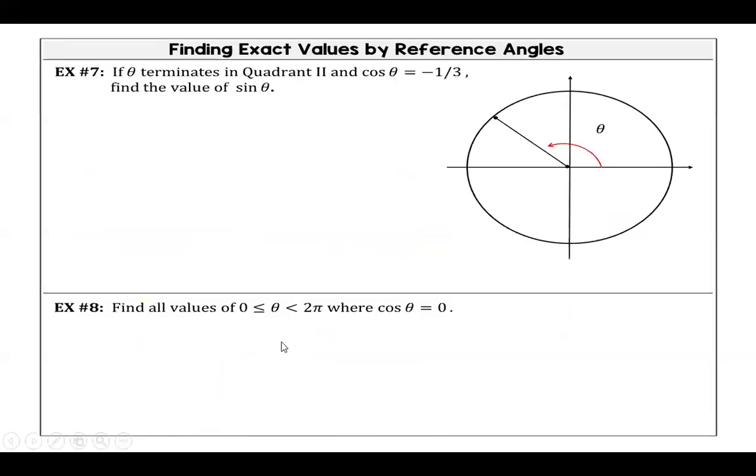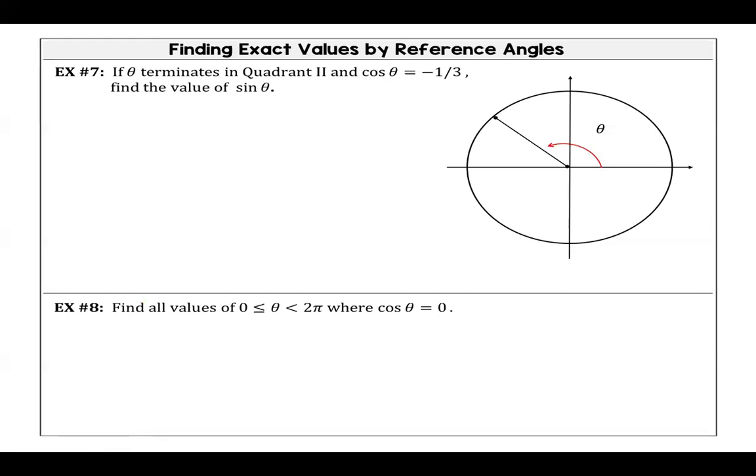All right, so here we go. We have cosine of theta equals negative 1/3. Find the sine value of theta. Can I find the sine? A lot of times when we learn something new, you try to instantly apply it. Is this new information or do we already know how to solve this?